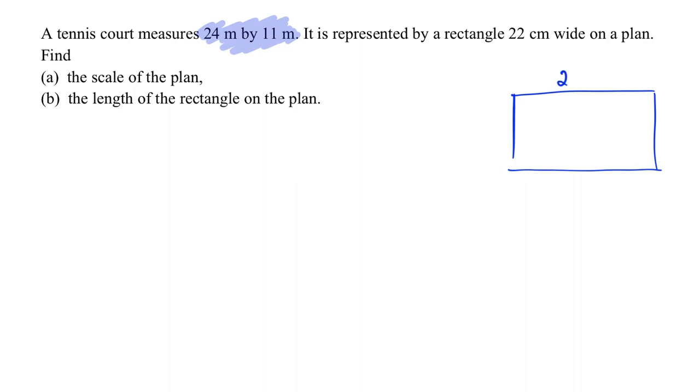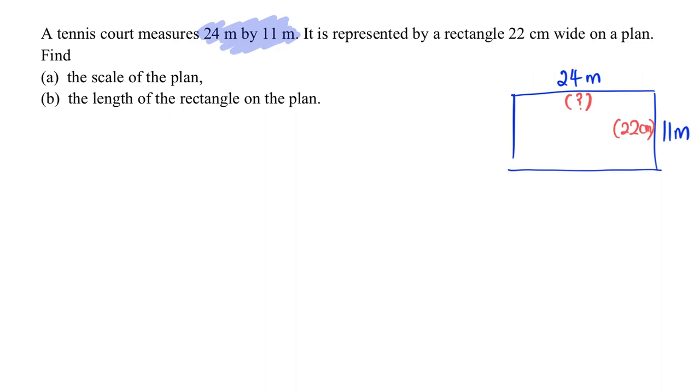So I will have 24 meter by 11 meter actual ground. Then it is represented by a rectangle of 22 cm wide, meaning the 11 meter on the plan itself, it is 22 cm. So this is something we don't know.